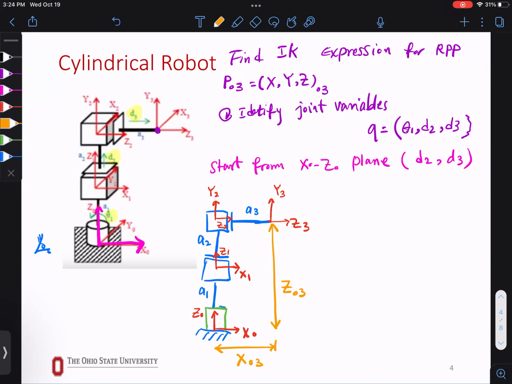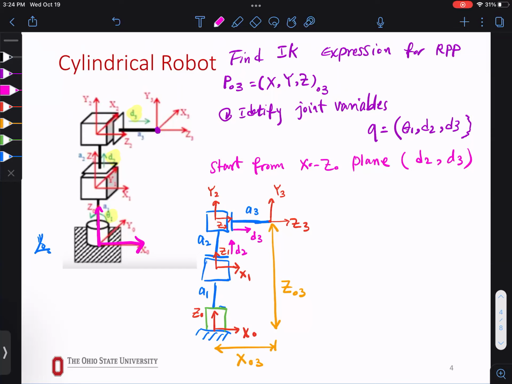So in this plane, I know two things, and I have two joints that I don't know. So I have two joint variables. One being this guy, this is your D2, and this guy is D3.